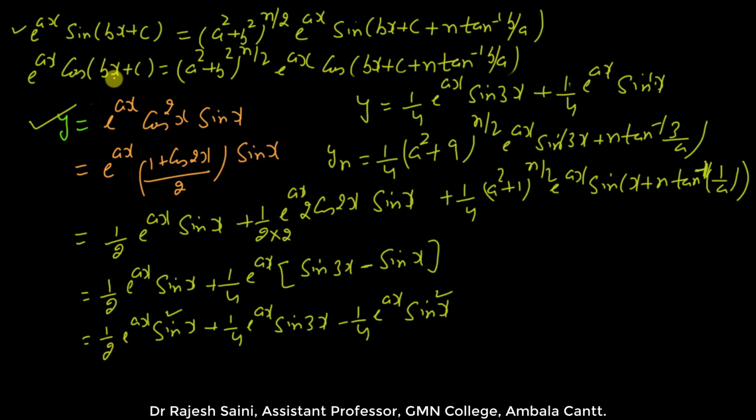In case we are given an exponential and a product of two or more trigonometric functions, then we try to reduce it, that is, write it as a sum of functions containing a product of exponential and trigonometric only, like we did in this particular case. Look over here, we reduced it to functions that contain a product of exponential and trigonometric as a sum of functions. Okay, so that way it can be done easily.